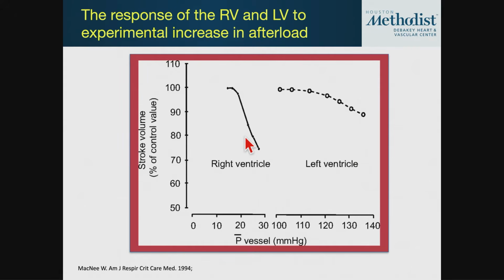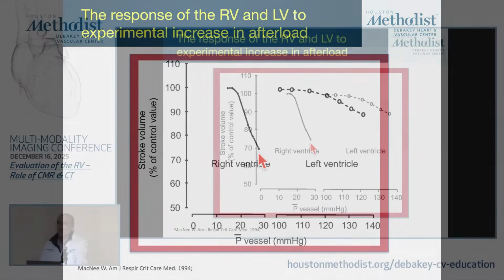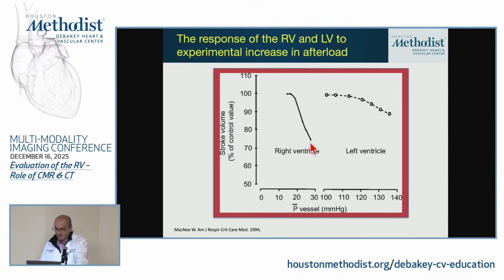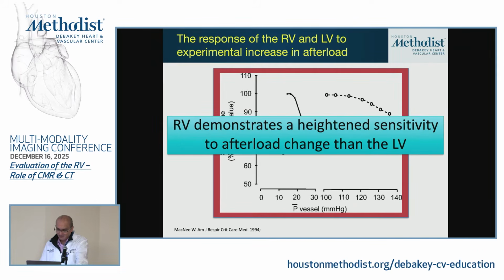It's a much sharper drop-off. So the right ventricle is much more sensitive to any increases in afterload, so that small increases in afterload can result in a significant reduction in the right ventricular stroke volume. So recognize that the RV and the LV are distinct entities. They're both ventricles, but they behave very, very differently from each other.